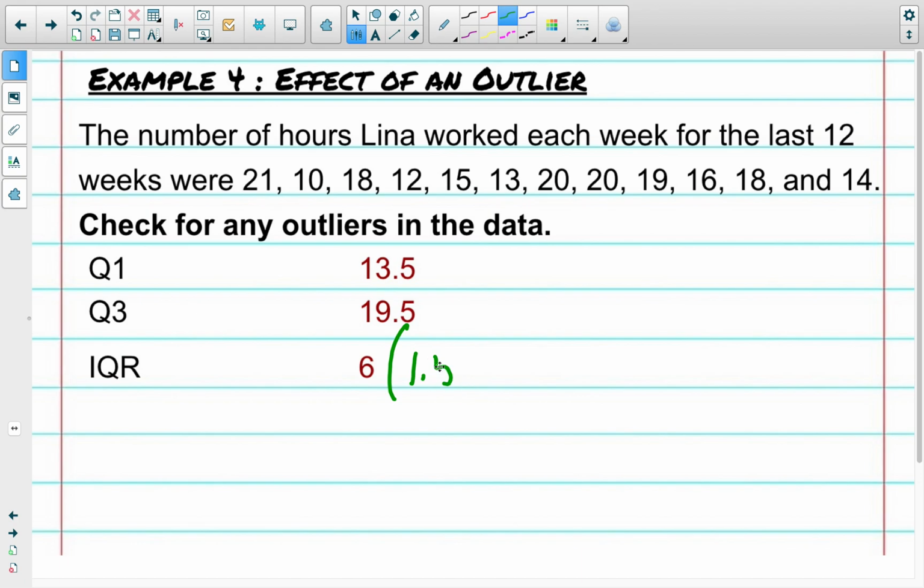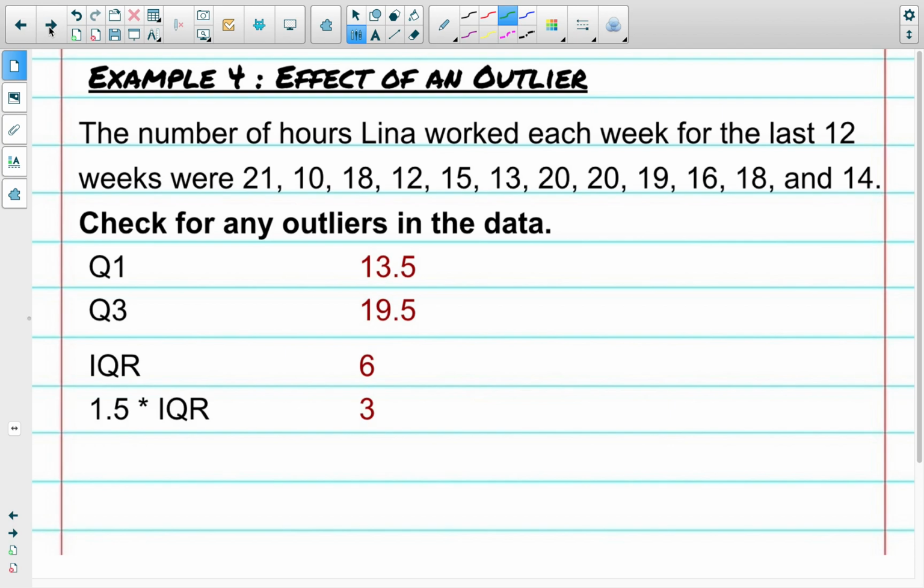To figure out our range for outliers, we multiply 6 times 1.5, and we should be getting 9. Ignore the 3, it should be 9. So numbers that are 9 above Q3 or 9 below Q1, 13.5, would be considered outliers.